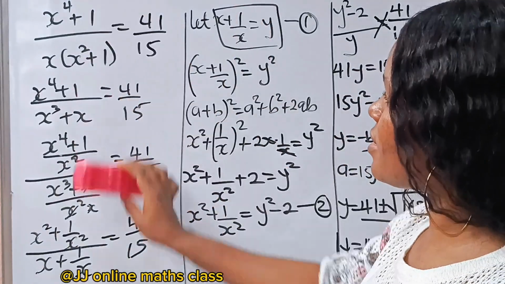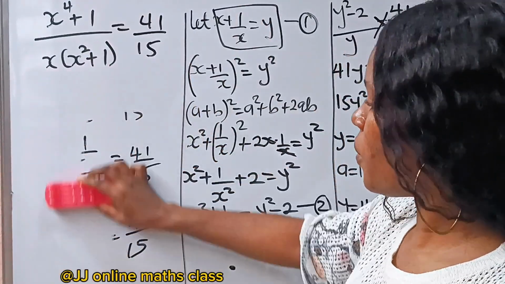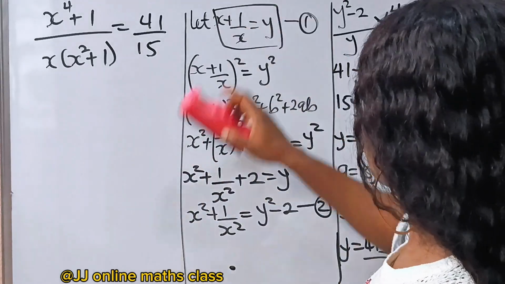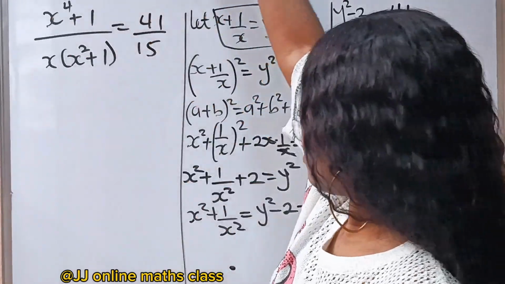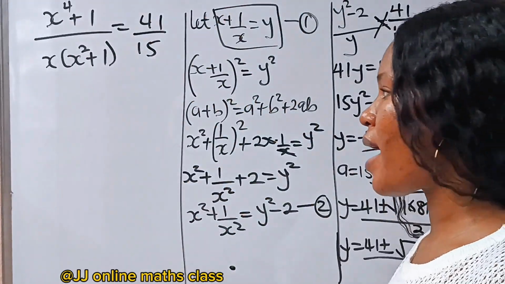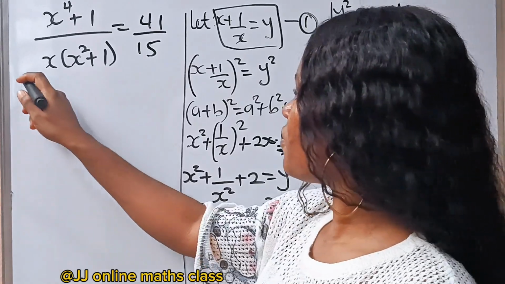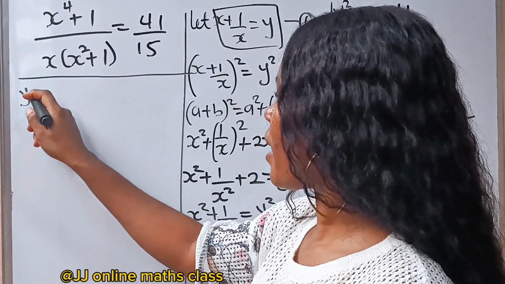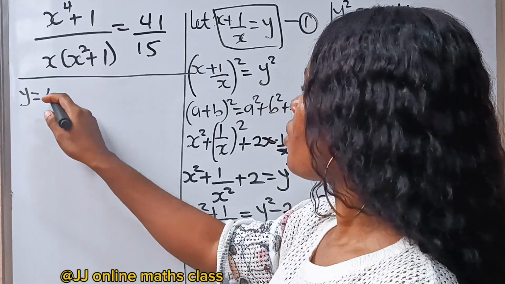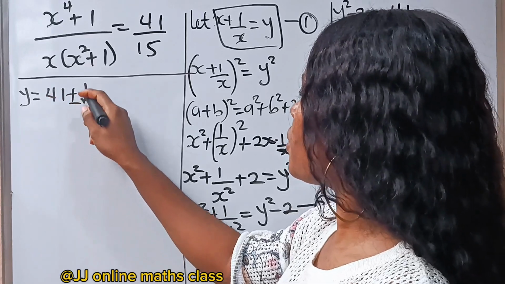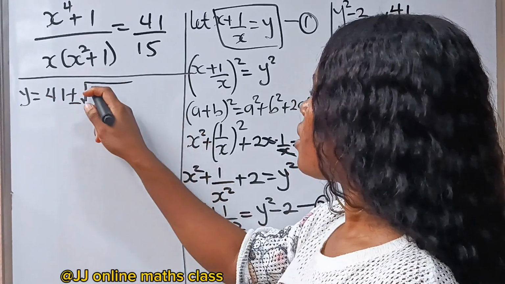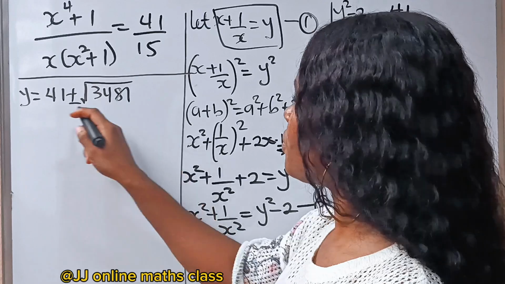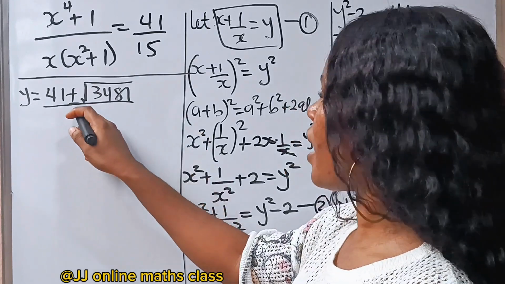Now let's clean this side of the board, leaving the question. So let's clean here and let's solve. All right, so this is what we have now. That y is equal to 41 plus or minus the square root of 3481, divided by 30.